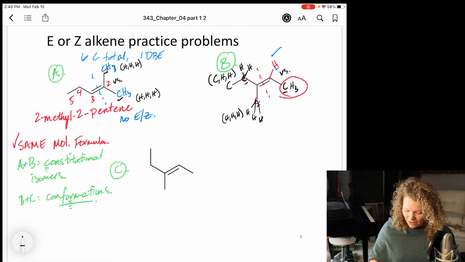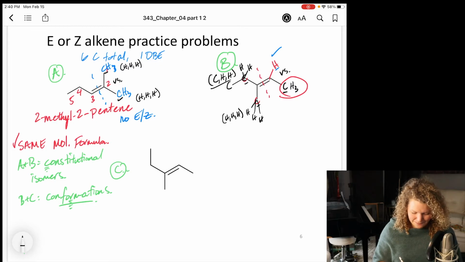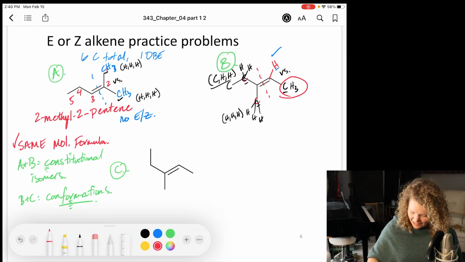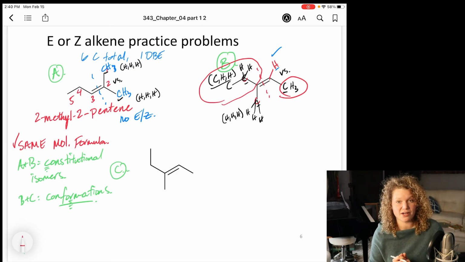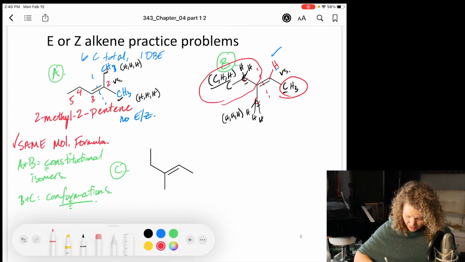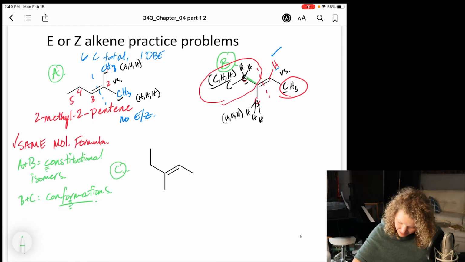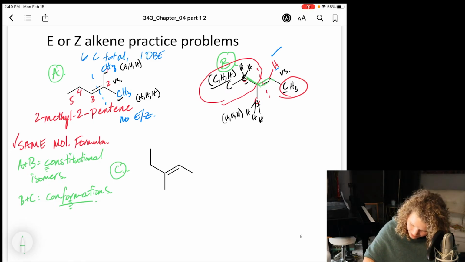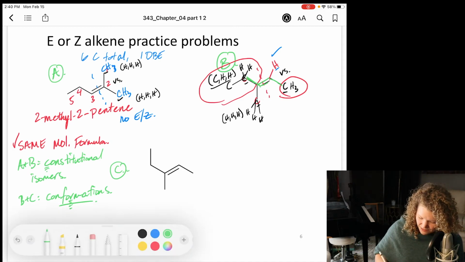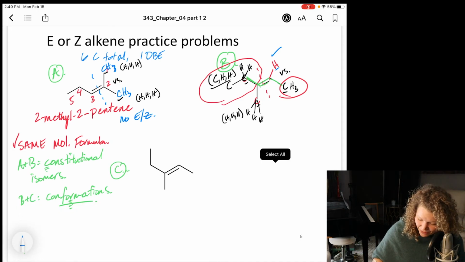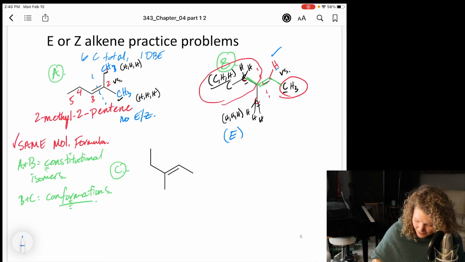Which one wins? Well, the one that has the carbon in it, right? So this ethyl group wins over the methyl. So we circled that as our higher priority. When I look at my alkene, in green that I'm drawing, those two groups are opposite of each other. So this would be considered an E alkene. So this would be E, 3-methyl-2-pentene.